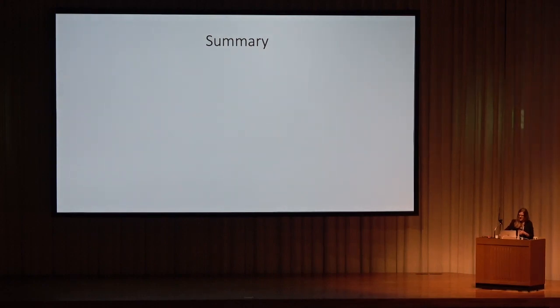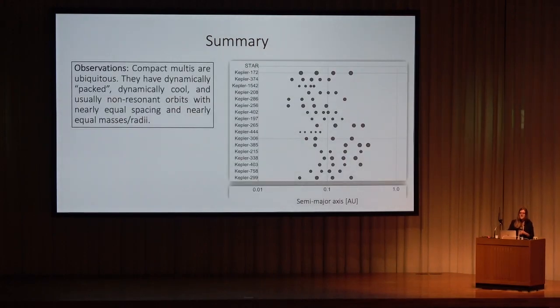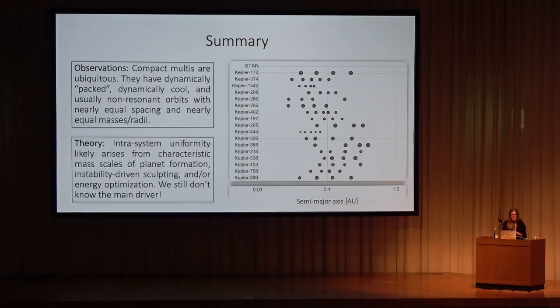So now that I'm out of time, I'm just going to keep this summary super brief and just say that it appears that planet formation creates a preferred type of planetary system, super-Earths and sub-Neptunes and compact multi-systems, which are dynamically cool, dynamically packed, and have this tendency towards uniform radii and masses and spacing.